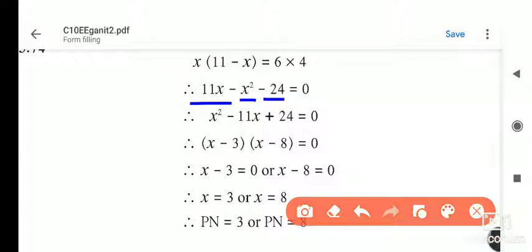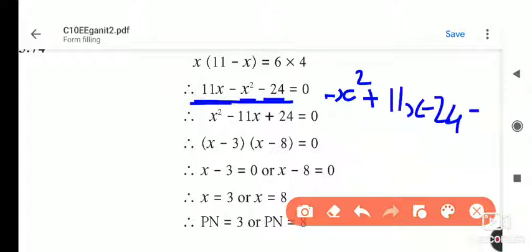Arranging it in standard form: minus x square plus 11x minus 24 equals 0.